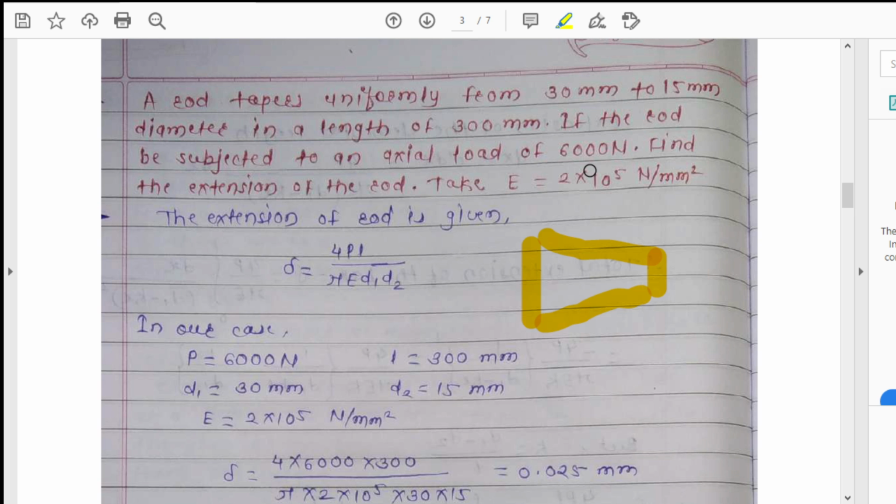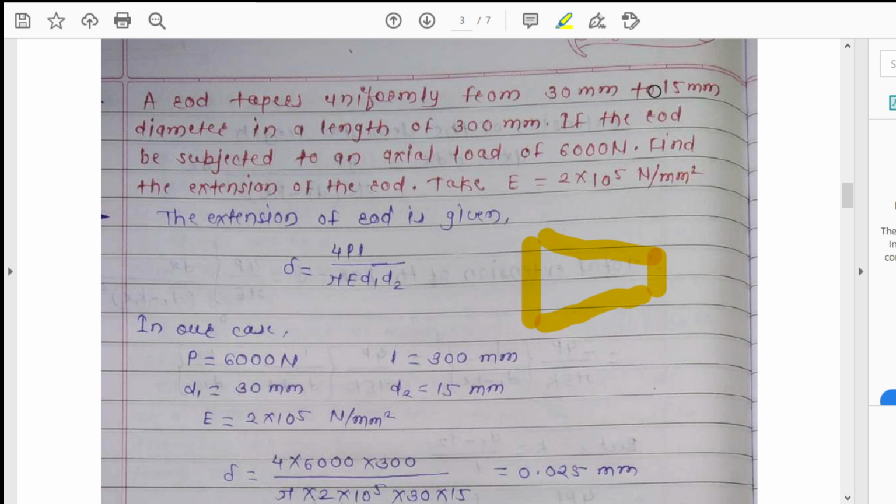Now we have the formula delta equals 4PL upon pi E d1 d2. We have to put in the values of all these quantities: 4 we know, P is 6000 newtons, L, the length of the rod, is 300 mm, E is 2 into 10 raised to 5 newtons per mm square, d1 is 30 mm and d2 is 15 mm.